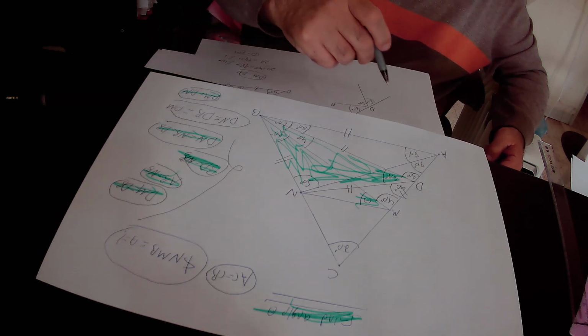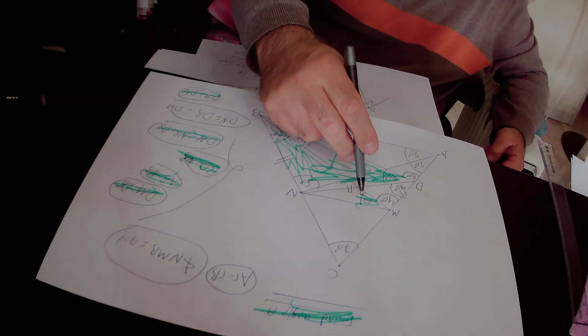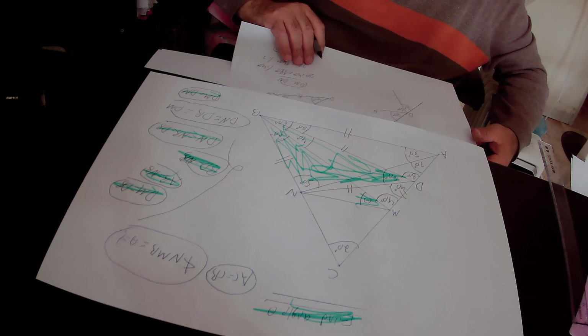This is angle DMN, which is equal to 70 degrees.